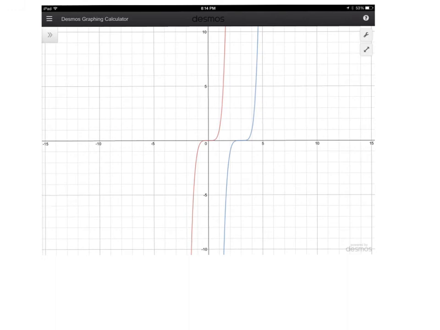I've gone ahead and graphed both the functions, the parent function y equals x to the 5th, which is in red, and I've graphed f of x in blue here, which is our translated function 3 units to the right.